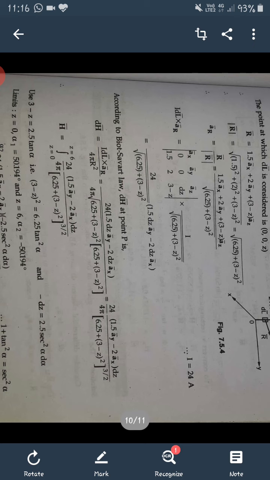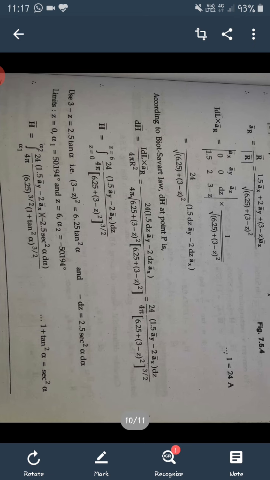Now substitute: H equals the integral from 0 to 6 of 24 by 4 pi into 1.5 ay cap minus 2 az cap, ax cap dz divided by 6.25 plus 3 minus z whole square to the power 3 by 2.